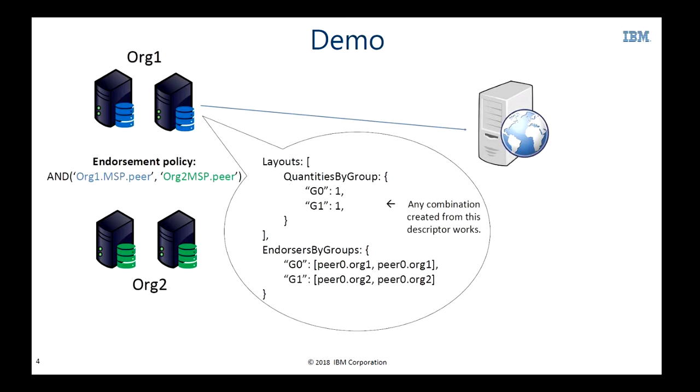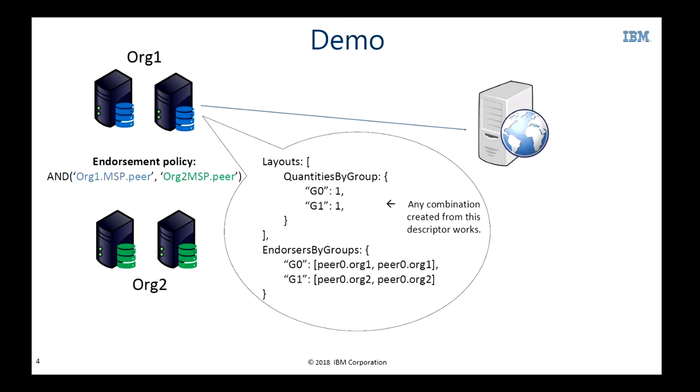First of all, we have something called layouts. What is a layout? A layout is basically several options, such that each option details some sort of description that maps a certain type of principal group to a count.